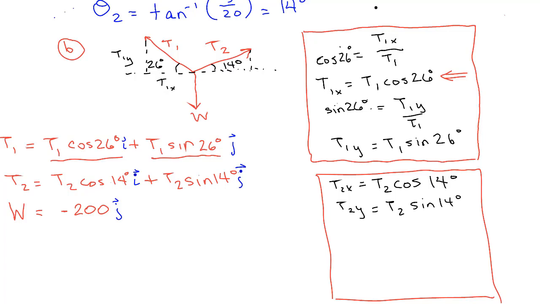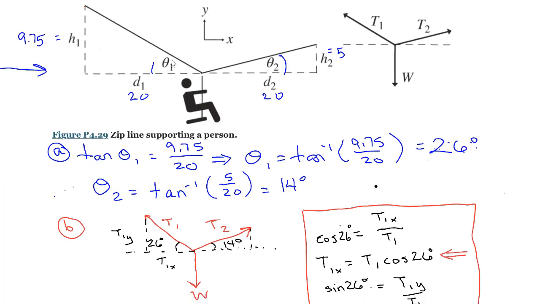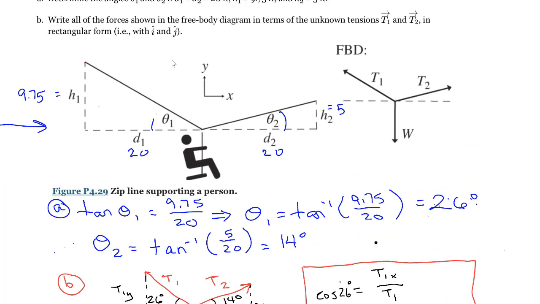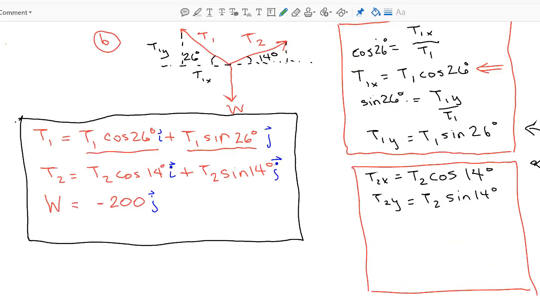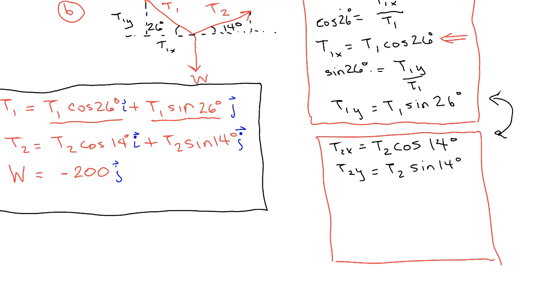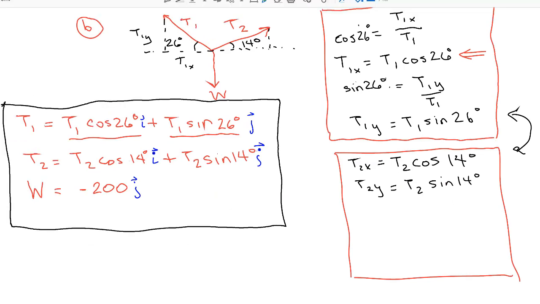Now, what we want to do is we want to find T1, T2. First, we'll find T1 and T2, and then we'll put them in rectangular form. These three equations are what I need. I want all the forces together to equal 0. If you have two teams and they're doing a tug of war, there's one team on one side, one team on the other side.